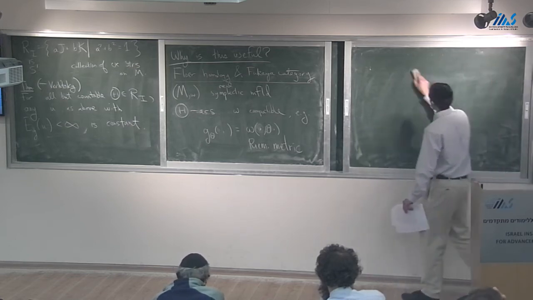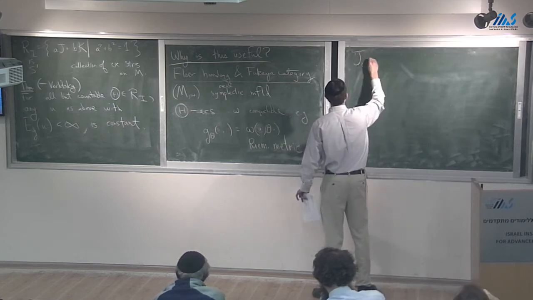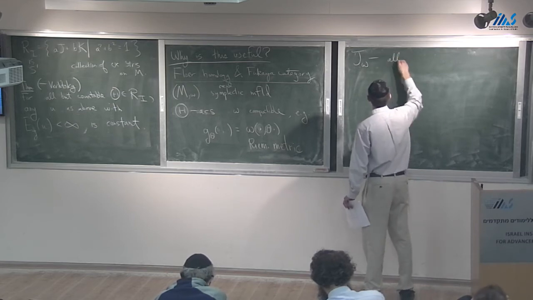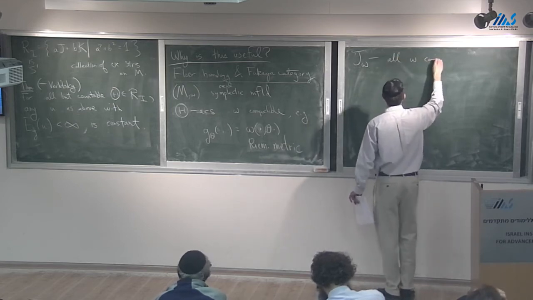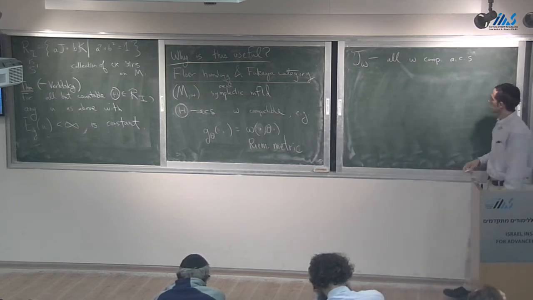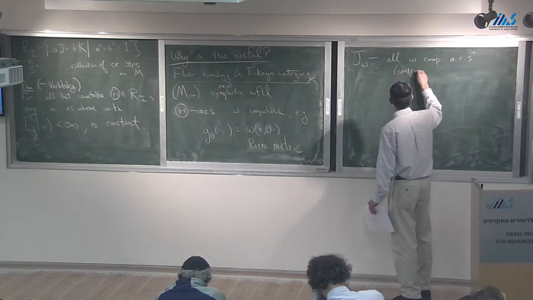And for future use, this is going to be the set of all omega compatible almost complex structures. This is a contractible space, an infinite dimensional contractible space.